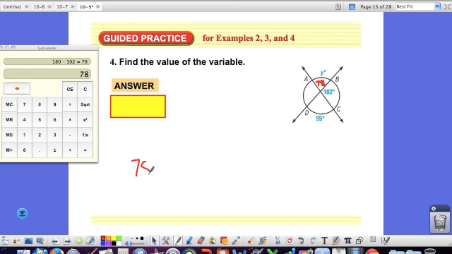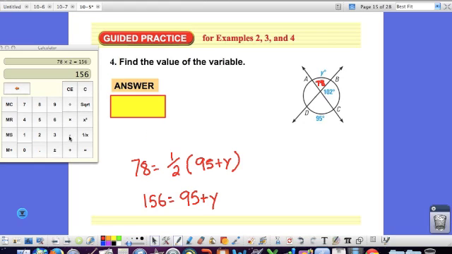So 78 degrees is going to equal 1/2 of 95 plus y. If I multiply both sides by 2 to clear that 1/2, 78 times 2 is 156 equals 95 plus y. 156 minus 95 gives me 61. So that arc y is 61 degrees.